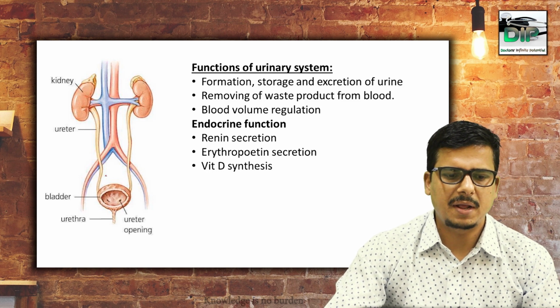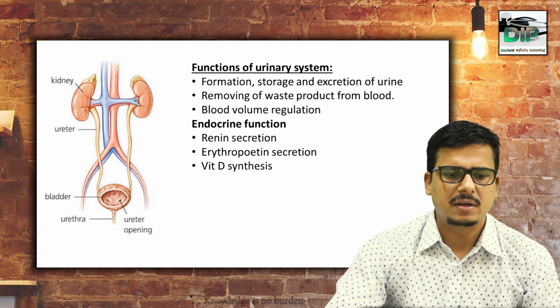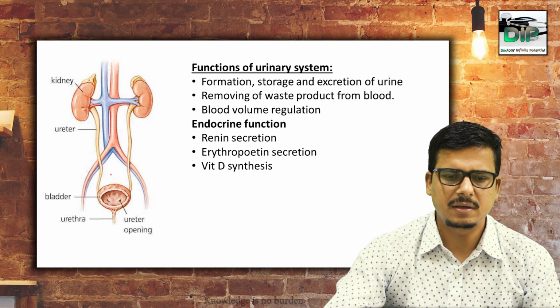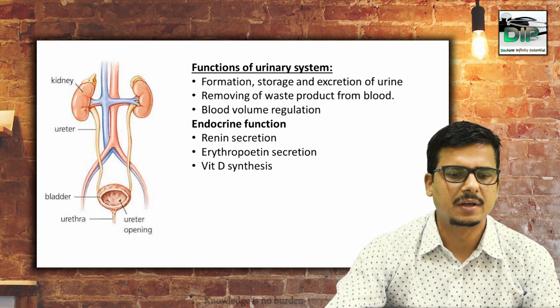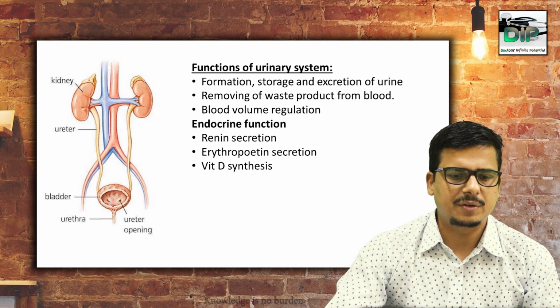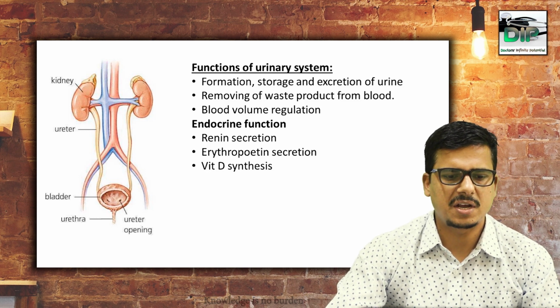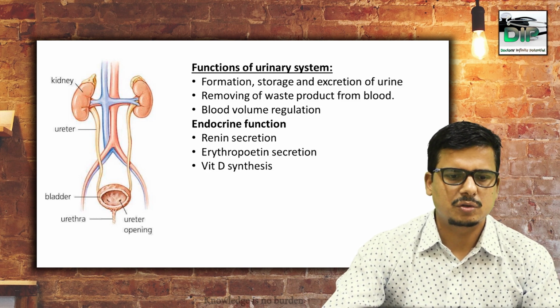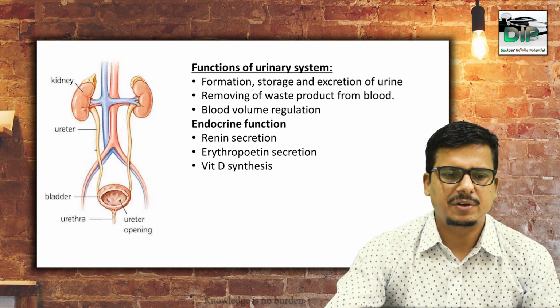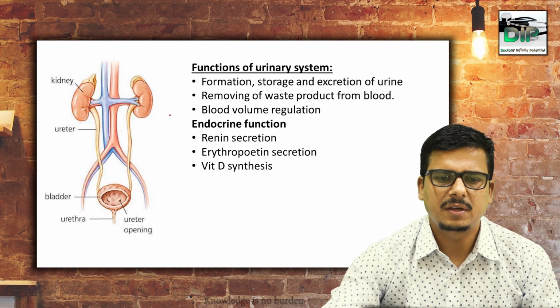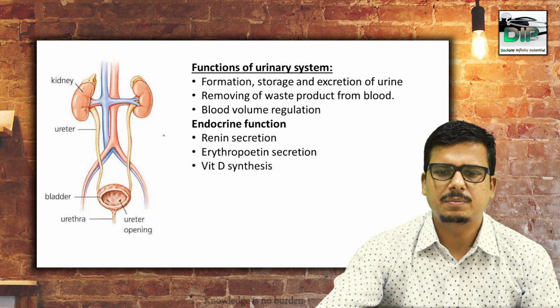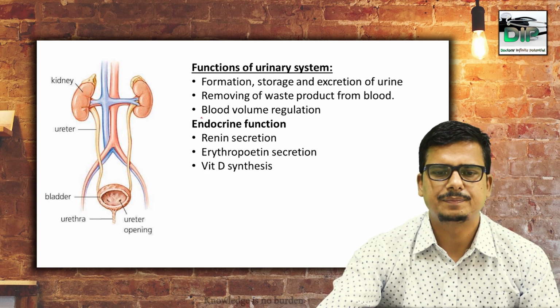In the pelvic cavity there is the organ responsible for storage of the urine, the urinary bladder, and from the urinary bladder there is the urethra, which is helpful for excretion of the urine outside of the body. So the most important functions of the urinary system are formation, storage, and excretion of the urine.